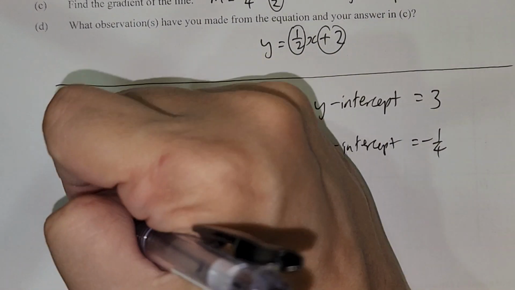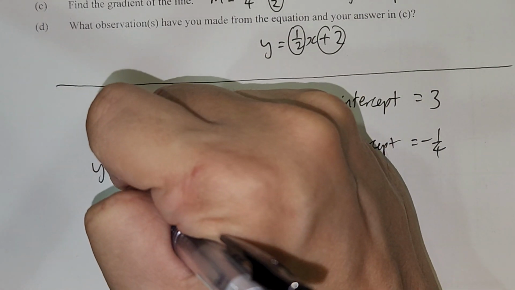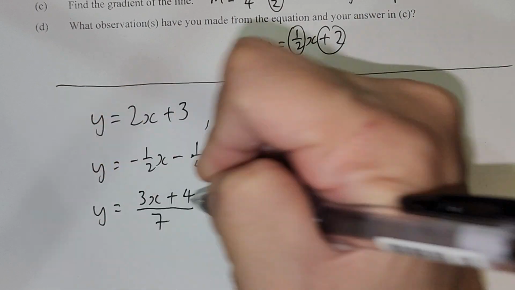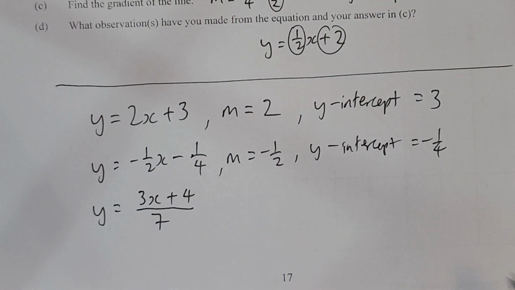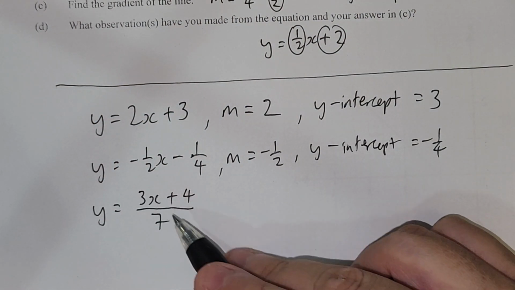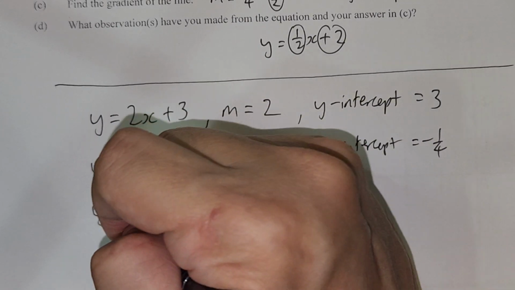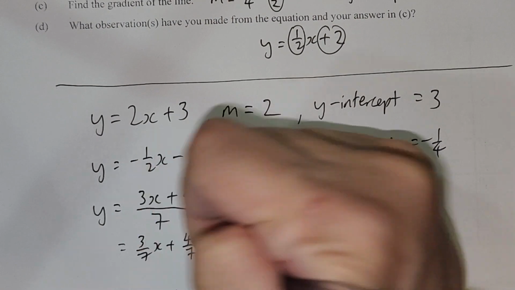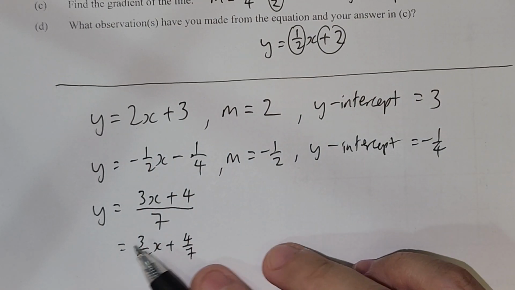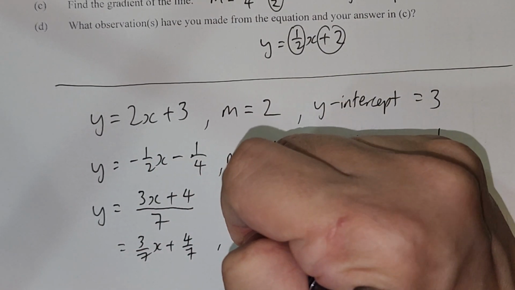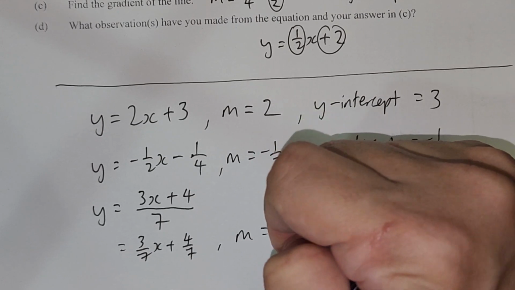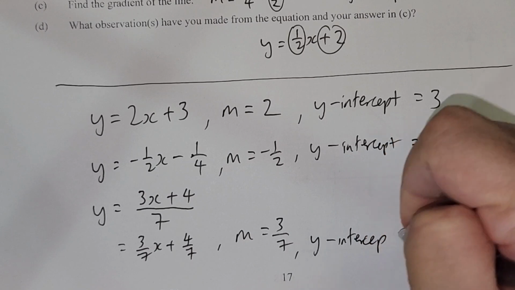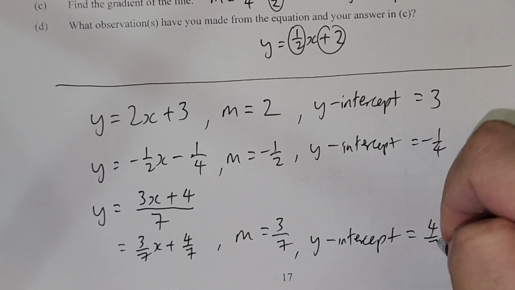Another example, if I have, let's say, this. This fraction you can actually split into 2 terms. If I split into 2 terms, same thing: my gradient is 3/7 and my y-intercept is 4/7.